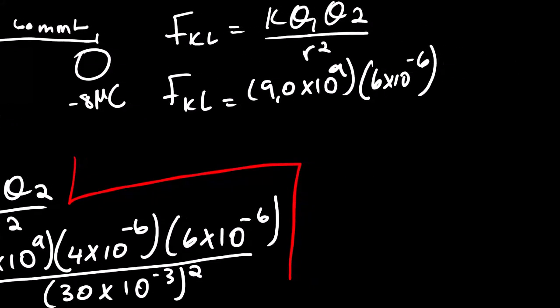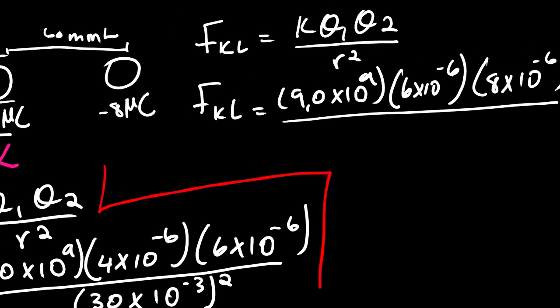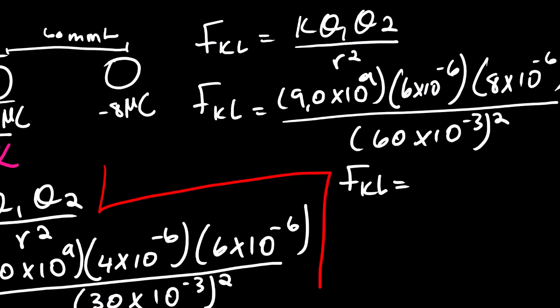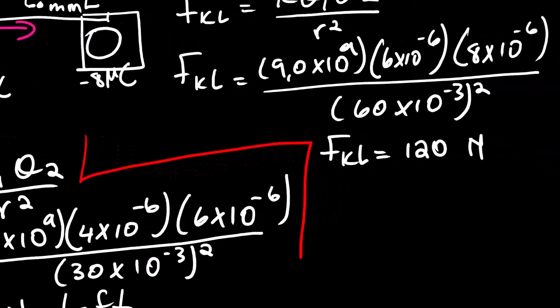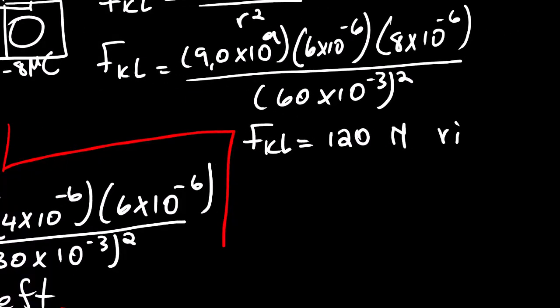Then Q2 is 8 times 10 to the power negative 6, all over the distance between their centers, 60 times 10 to the power negative 3, squared. We find that FKL is equal to 120 newtons. We look at the direction. It's negative and positive, so we make sure that this one doesn't move. We can see the direction of K will be to the right, so the direction is to the right.